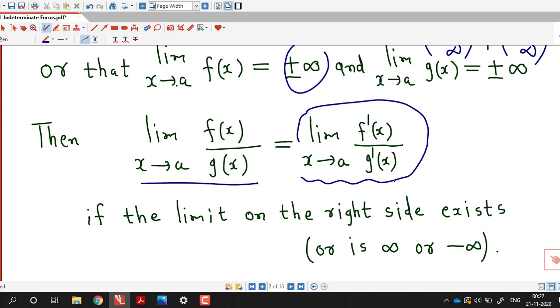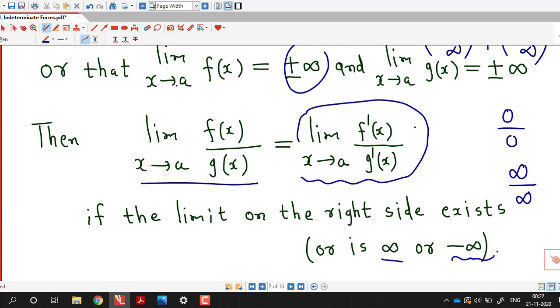Sometimes the limit can be infinity or minus infinity also. So we will remember this result known as L'Hospital rule. It is applicable if we have 0 by 0 indeterminate form or infinity by infinity indeterminate form.